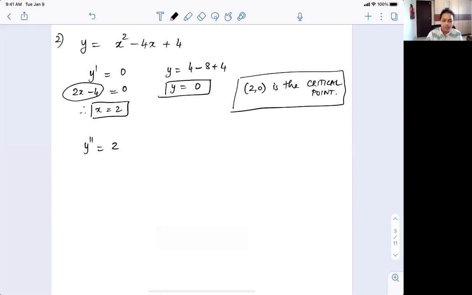My y double prime is just 2, and 2 is always greater than 0 regardless of the value of x. And here we are dealing with a convex function.